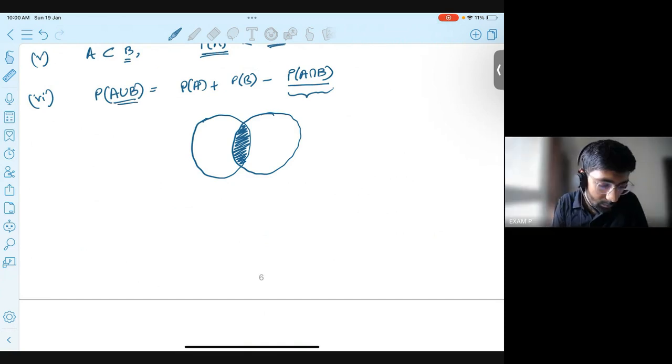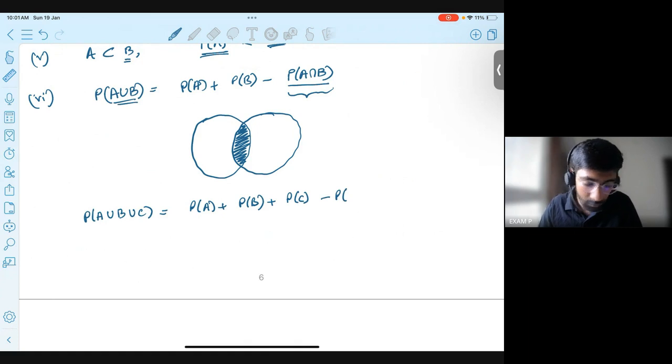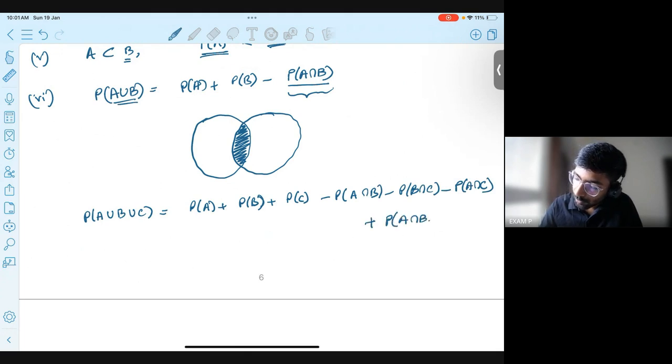Next, they also mentioned the probability of the union of three things together: A union B union C. That may also be helpful. So let me write it down: probability of A, probability of B, probability of C. Then you subtract all the double intersections: probability of A intersection B, minus probability of B intersection C, minus probability of A intersection C, and then at last you add the triple intersection.